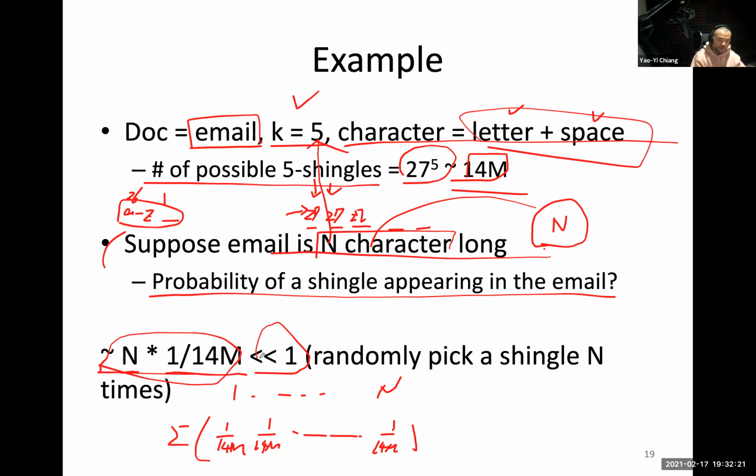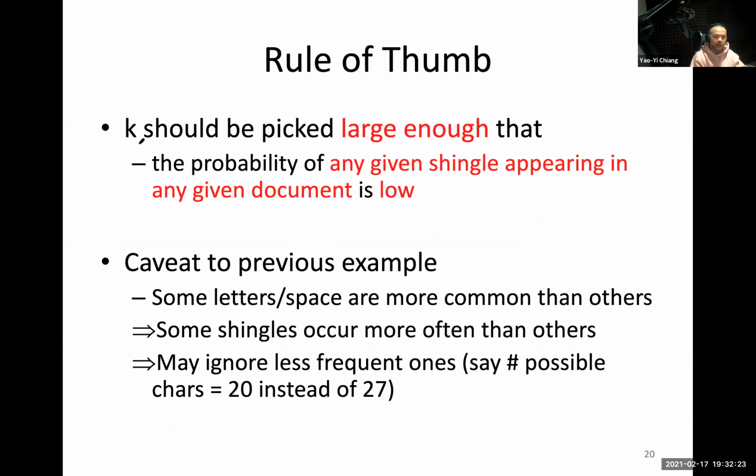Well, now your K is large enough so that the probability of any given shingle appearing in any document is low, right? So if one shingle appears in 2 documents, we say this is not really just by chance, because by chance the probability is low. If that shingle appears in both documents, that should mean something.